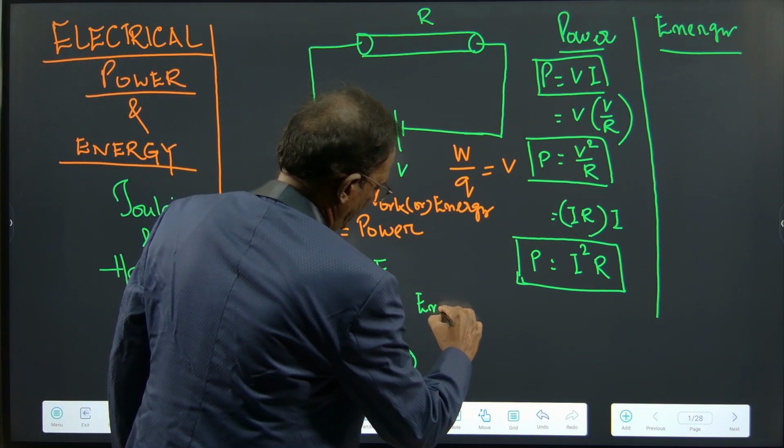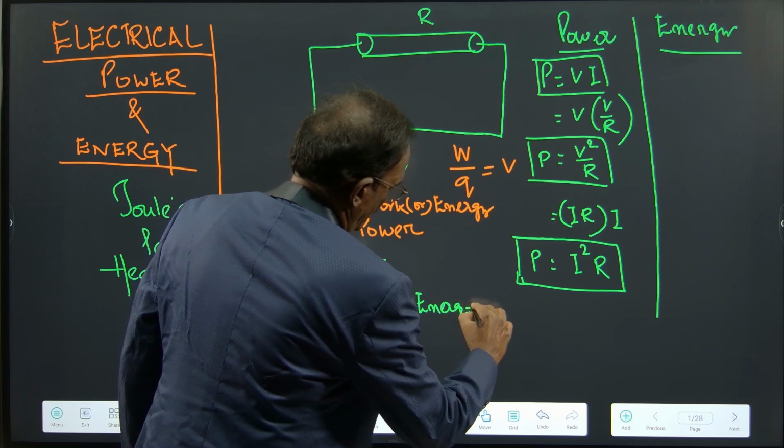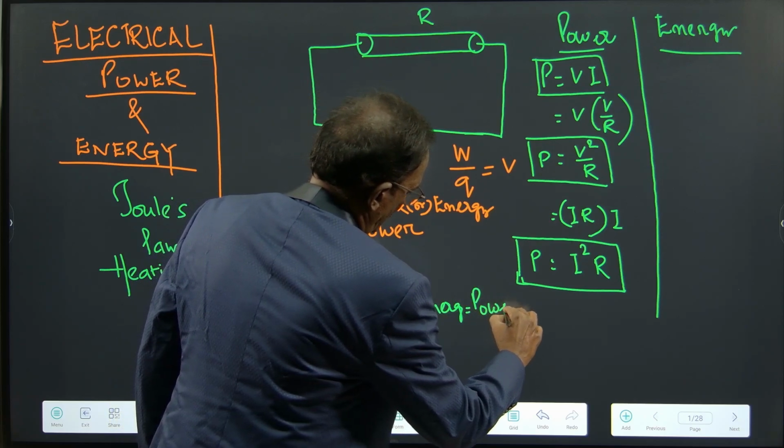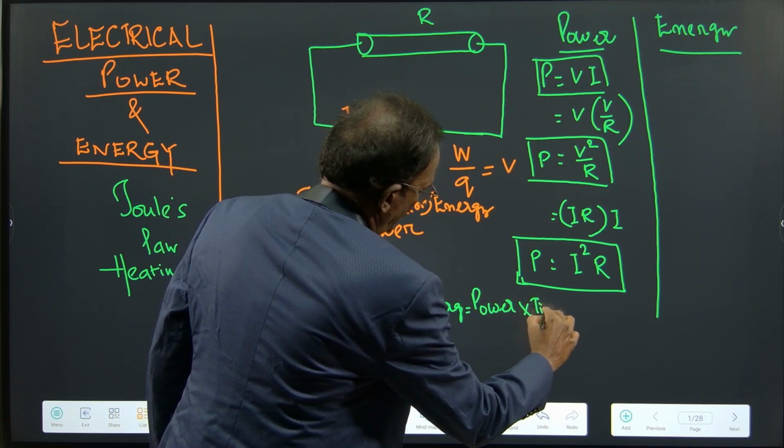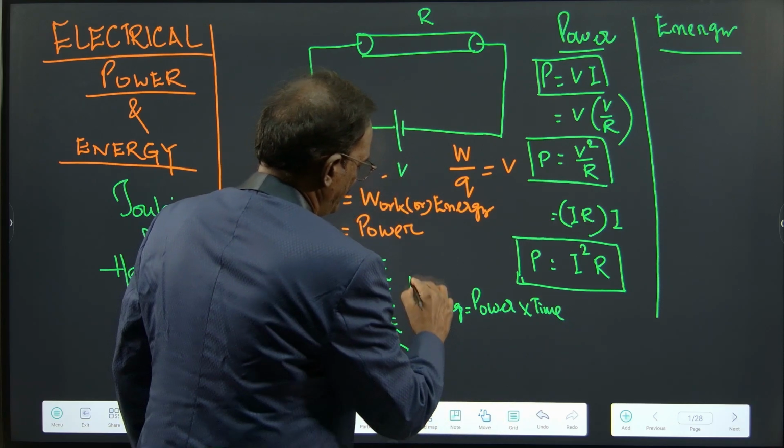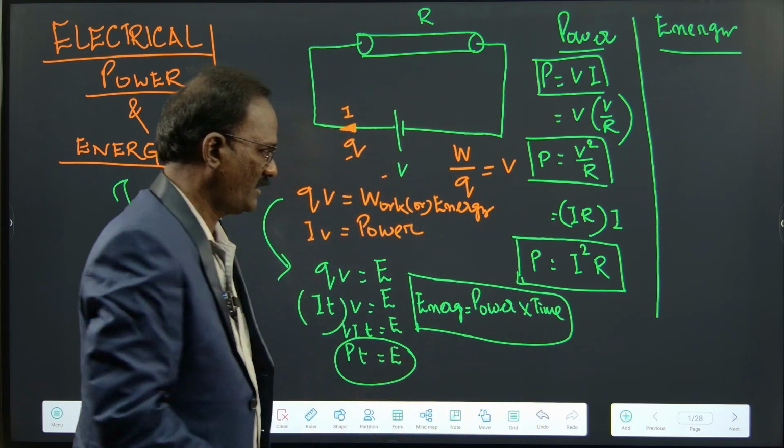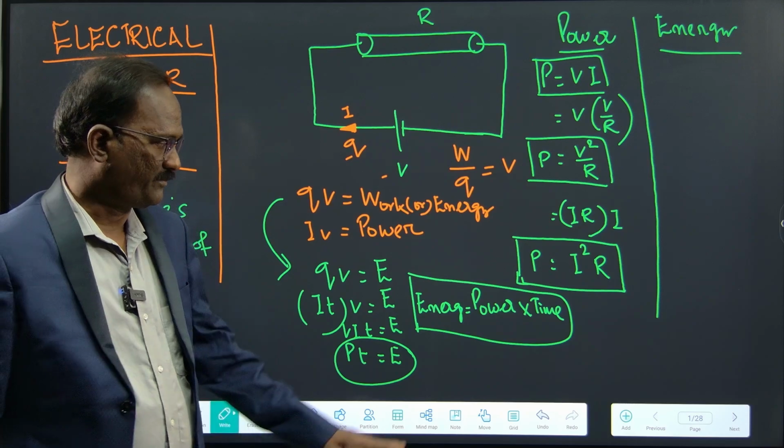Energy is equal to power multiplied by time. That is the relation between power and energy.